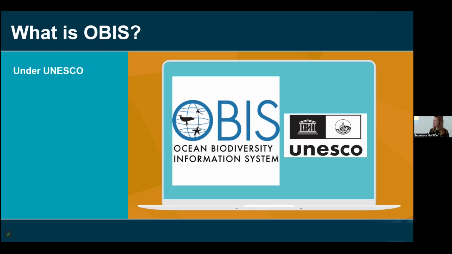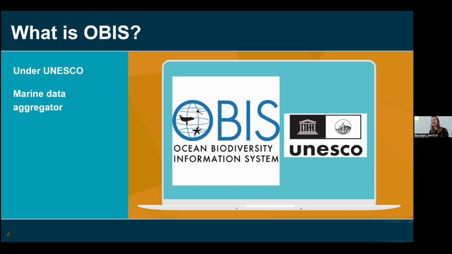OBIS, very similar to GBIF, but in this case, it's run under UNESCO. It's only a marine data aggregator. GBIF has both terrestrial and marine data, museum collections, but OBIS focuses solely on marine data. But again, we all have specimens from the marine environment.